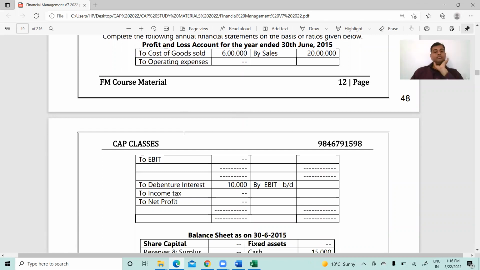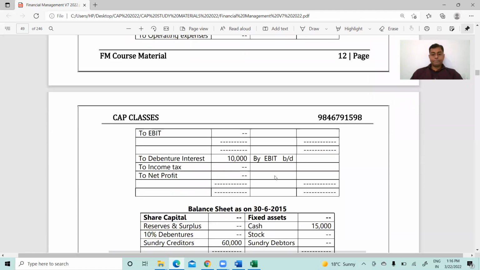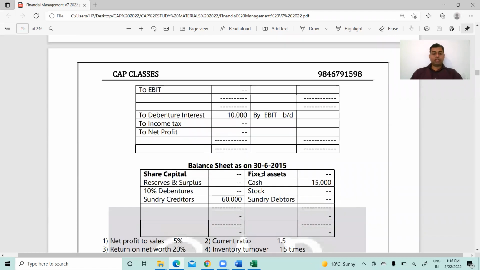To operating expenses nil. To EBIT, fill in the blanks. By sales 20 lakhs. To debenture interest 10,000. EBIT is there here. To EBIT dash. To income tax dash. To net profit dash. By EBIT brought down.